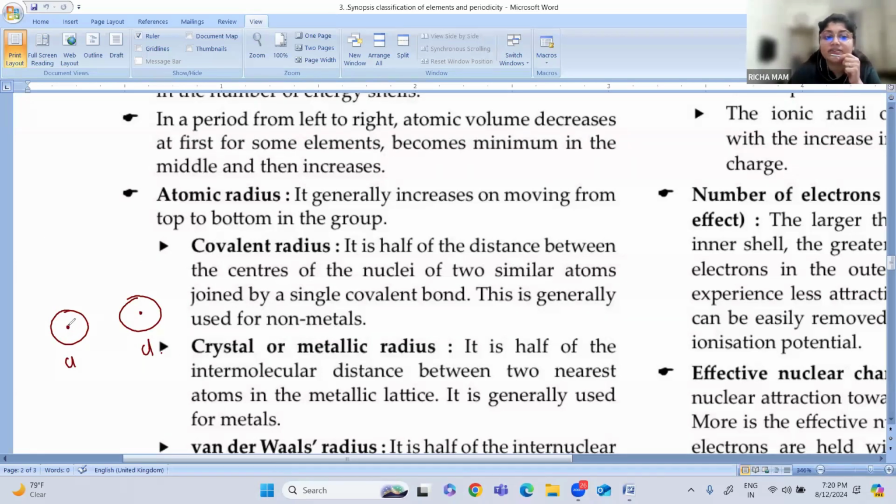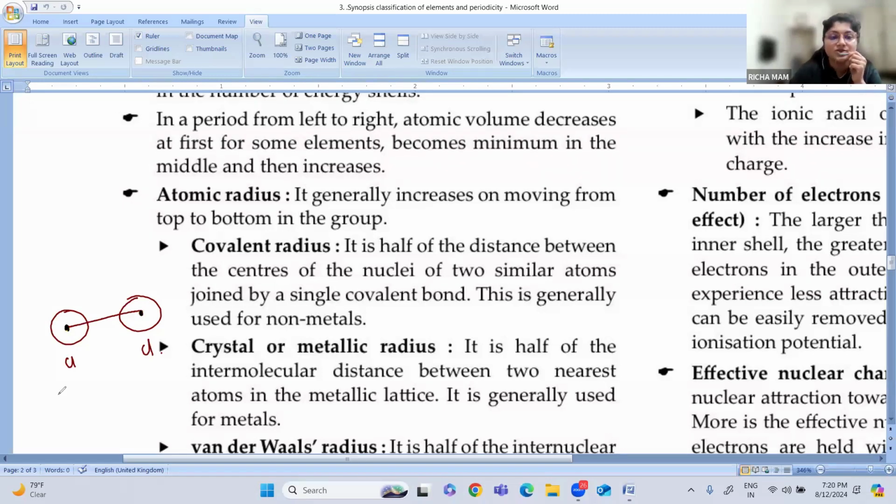So it is half the distance between the centers of the nuclei. Here, this is the nucleus of the first atom, and this is the nucleus of the other atom. The nucleus is present in the center.